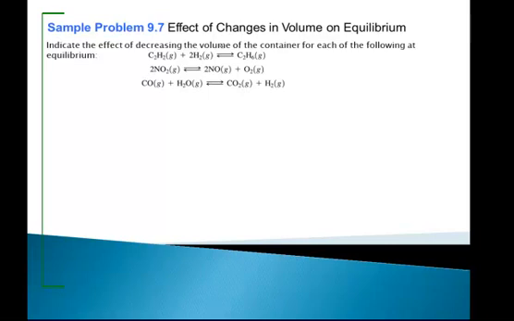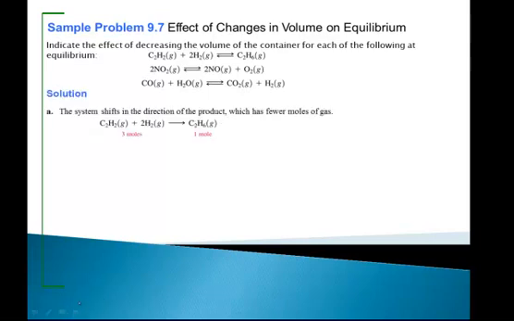And to decrease the pressure, it needs to shift to the side that has fewer moles of gas. So for the first one, this has 3 moles of gas because 2 plus 1 makes 3 moles. This side only has 1 mole. So in that case, it's going to shift to the side with fewer moles of gas, which means it's going to shift in the direction of the products.